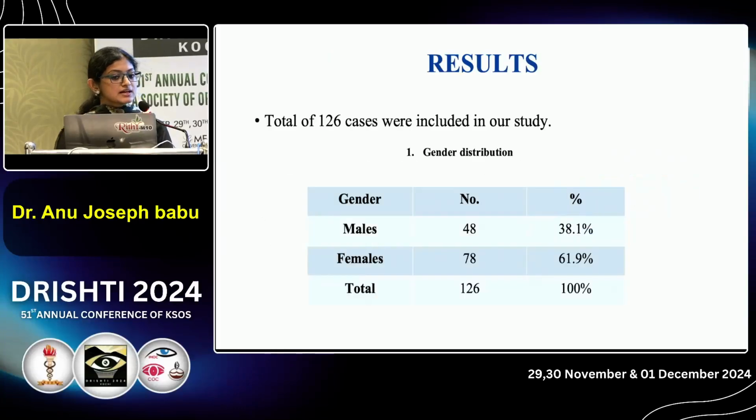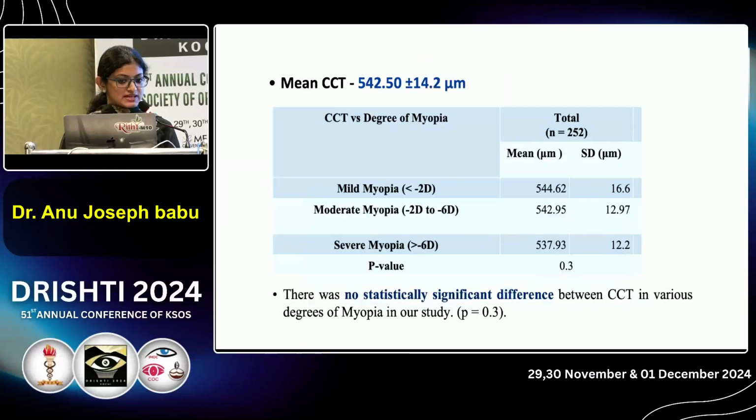Coming to results, a total of 126 cases were included in our study, out of which 48 were males and 78 were females. Our mean CCT was 542.5 plus or minus 14.2 micrometer. In mild, moderate and severe myopia, mean CCTs were 544, 542 and 537 micrometer respectively, with a p-value of 0.3, which suggests that there was no statistically significant difference between the central corneal thickness in various degrees of myopia in our study.